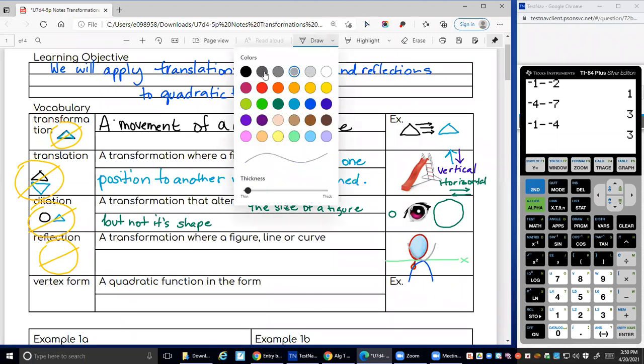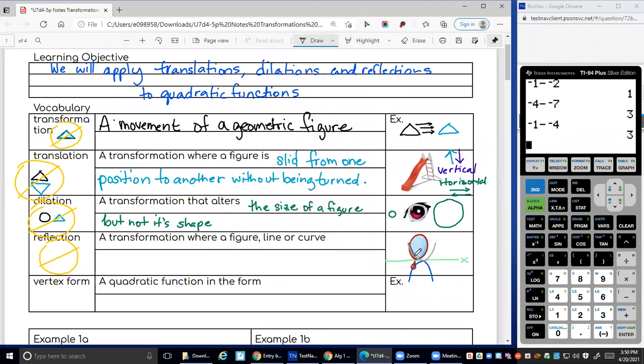Y'all see that okay? So the reflection would be like that. So a reflection is a transformation where a figure, line, or curve is flipped across a line.